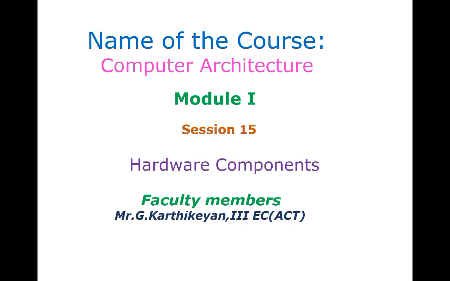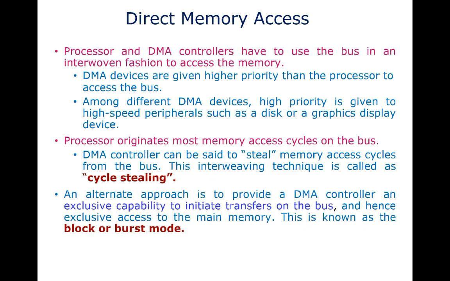Then the things we need to recap and remember: the DMA controller is a hardware unit that controls the transfer. First, it identifies the starting address, the memory location where the transfer begins.